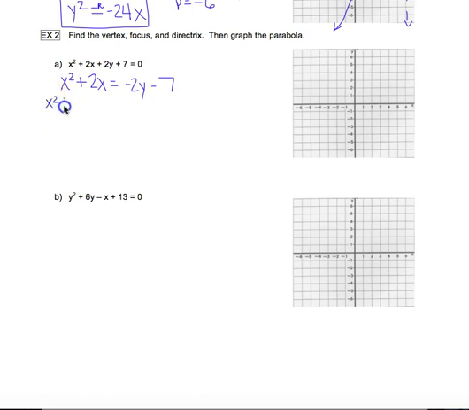So x squared plus 2x plus blank, and then of course I'll need a blank on the right side to match. So 2 divided by 2 is 1, 1 squared is 1. Since there's no a value here, that means that these should match. So factor on the left, that gives me x plus 1 squared. On the right side, that gives me negative 2y minus 6.